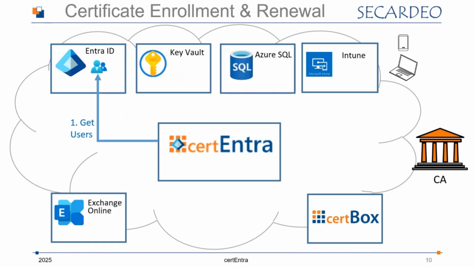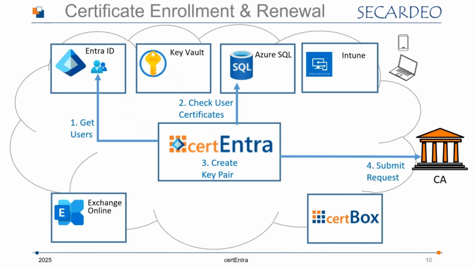For each user, it will check if the user already has a valid certificate. If not, it will create a key pair, and it will send the public key in a certificate request to the CA. The CA will then issue the certificate and return it to certEntra.